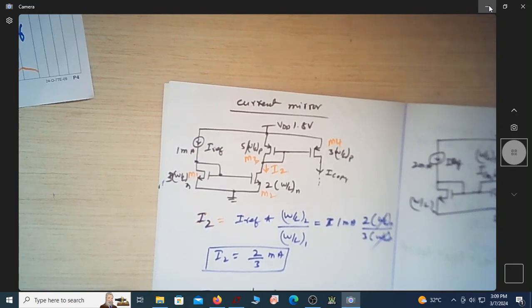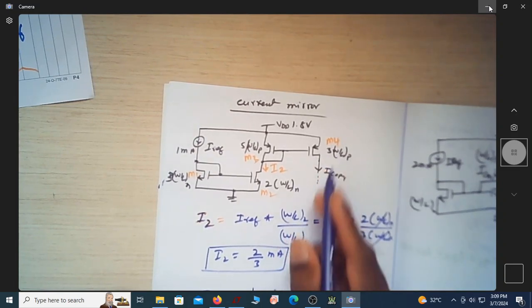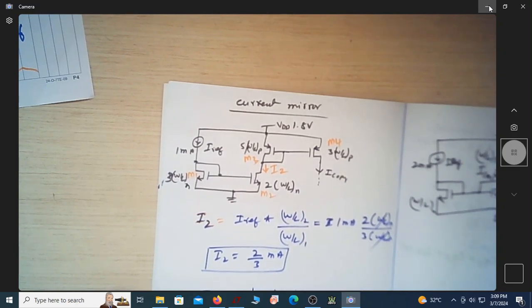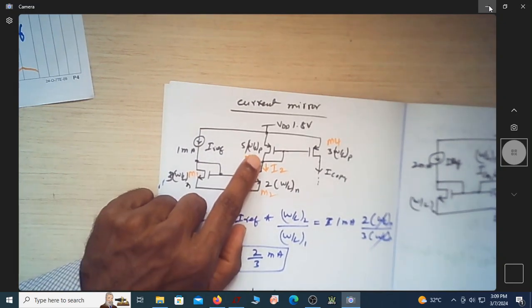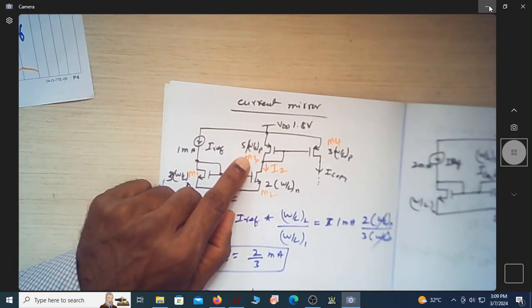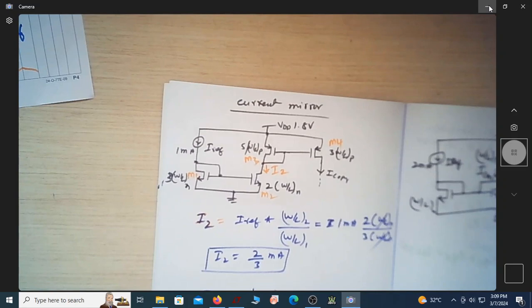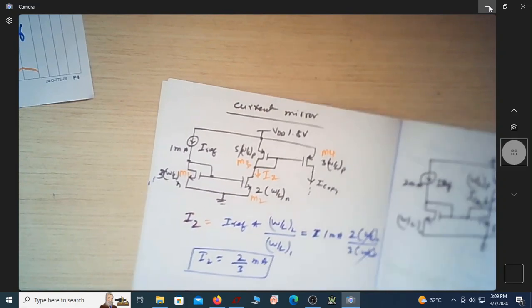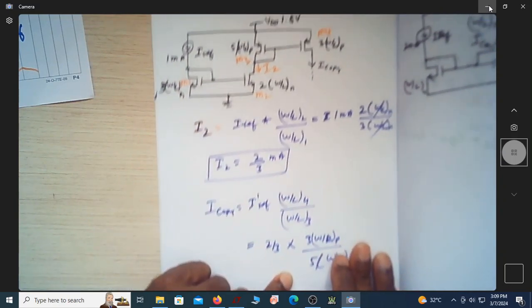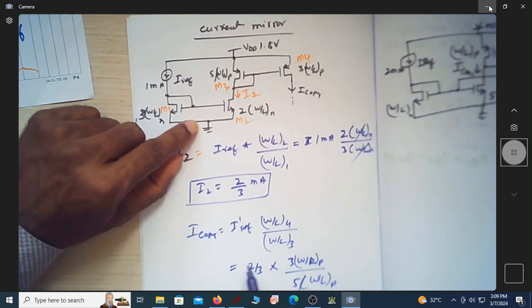What is W by L of 4? It's actually this, 3 times W by L of P. And what is W by L of 3? W by L of 3 is 5 times W by L of P. So this is my I copy.